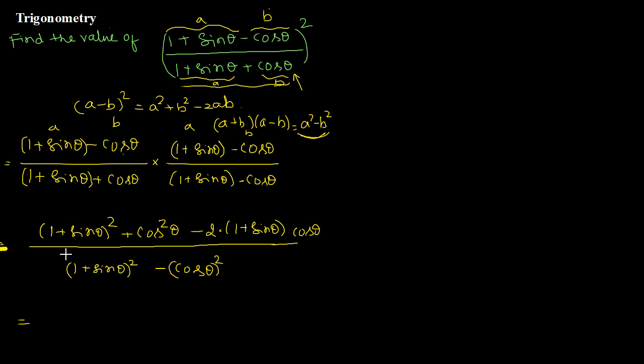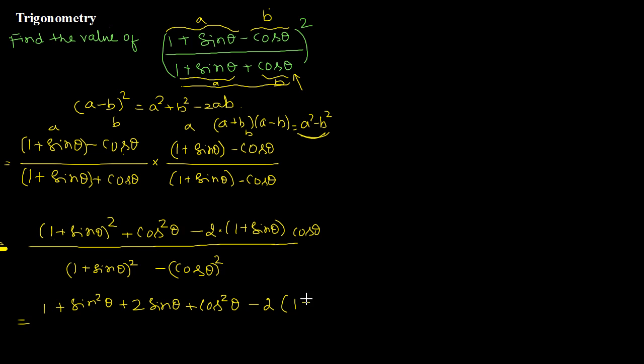So now (1 + sin θ)² is again (a + b)², a² + b² + 2ab, which is a² + b² + 2 into 1 into sin θ, 2 sin θ, plus cos² θ. So now we will keep it as is.